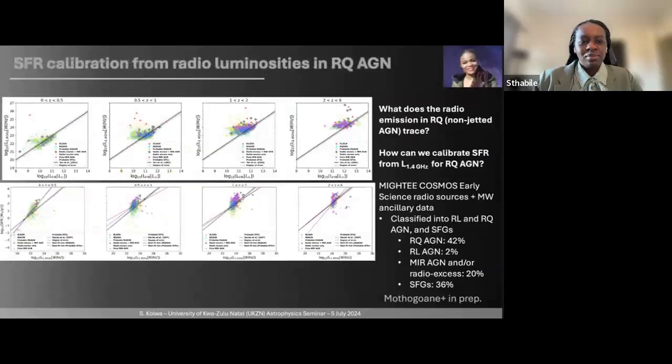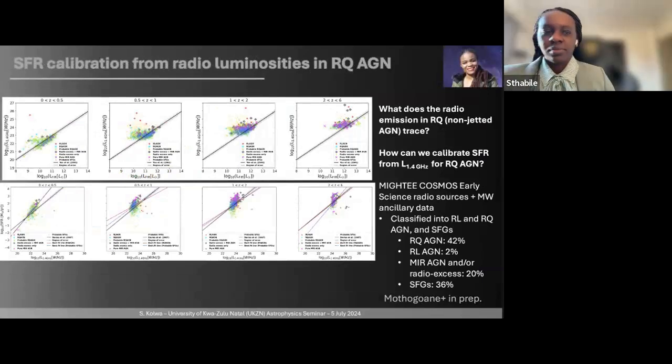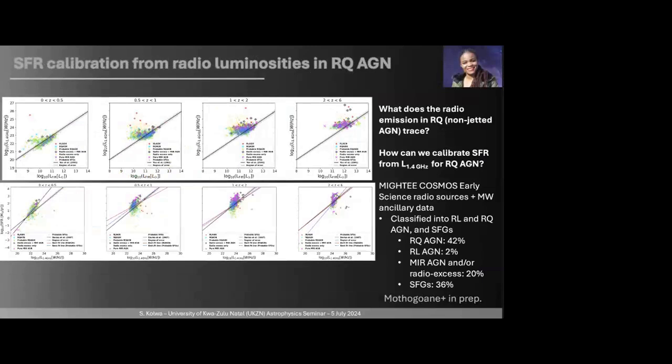Yes, this one. If you use the stacked infrared flux and the stacked radio flux, you get basically that radio quiet quasars follow very tightly the far infrared radio correlation. Basically, they lie on the line.